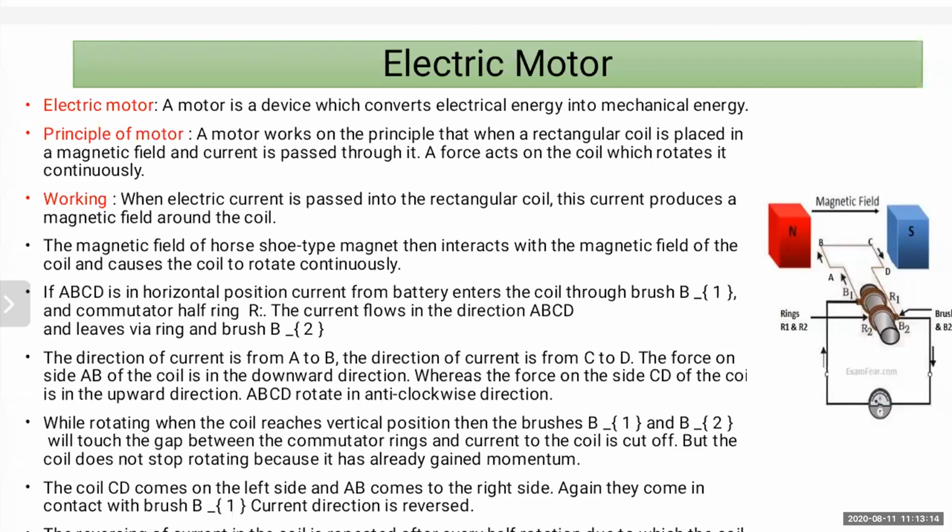So let us start the principle and working of electric motor.